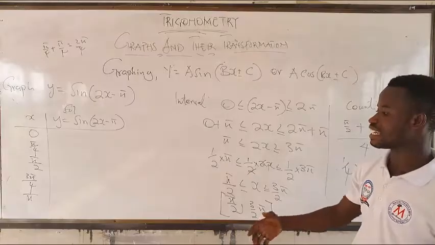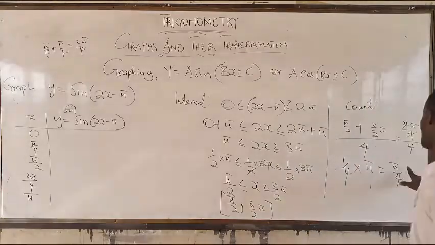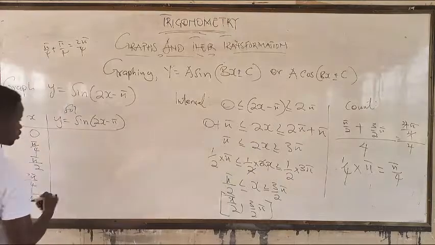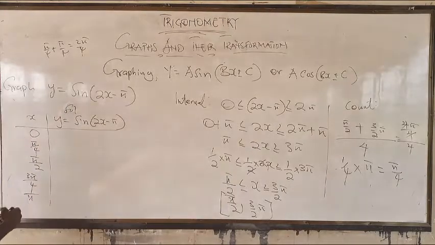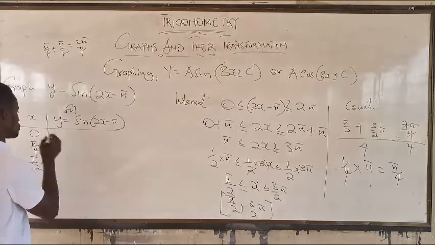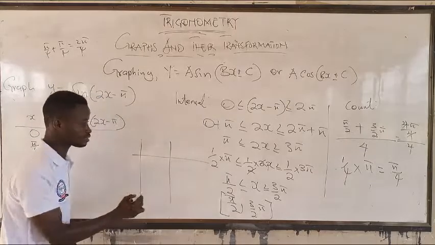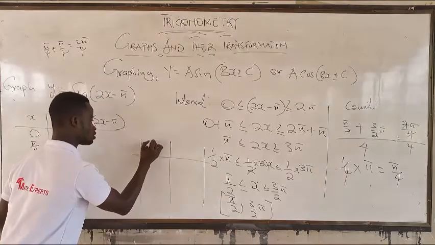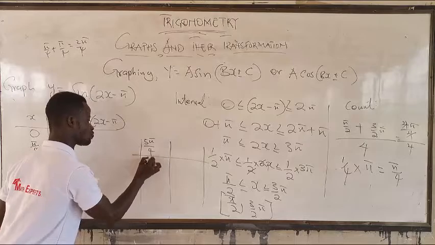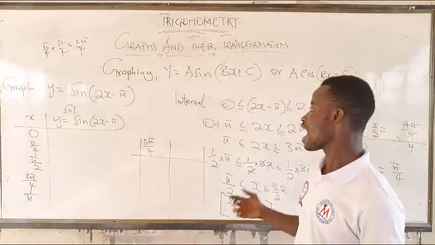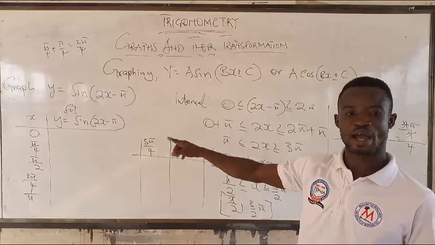So from pi, now pi plus pi on 4 is going to give you 5 pi on 4. Alright. Now, after 5 pi on 4, add pi on 4 to 5 pi on 4.